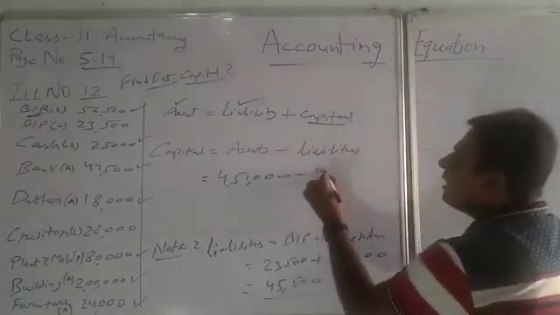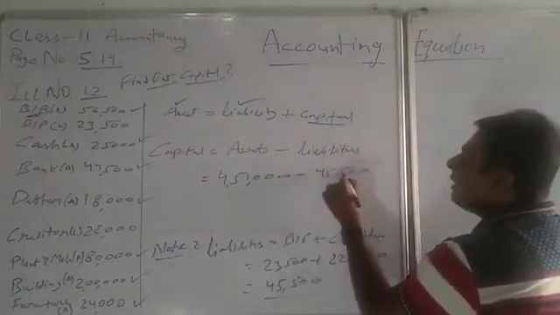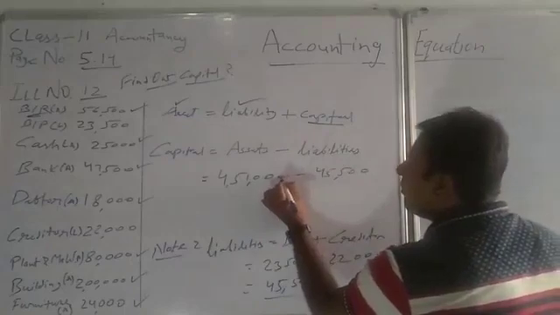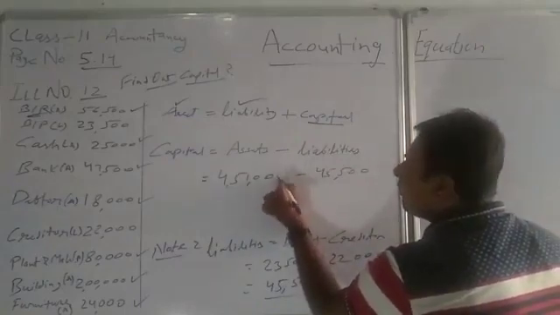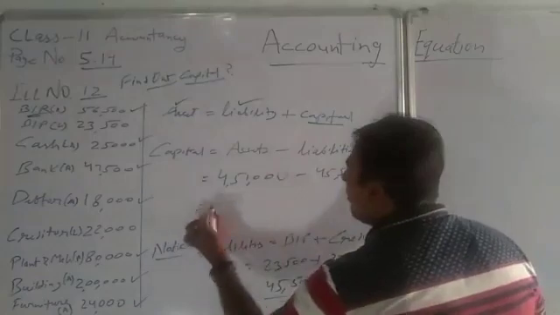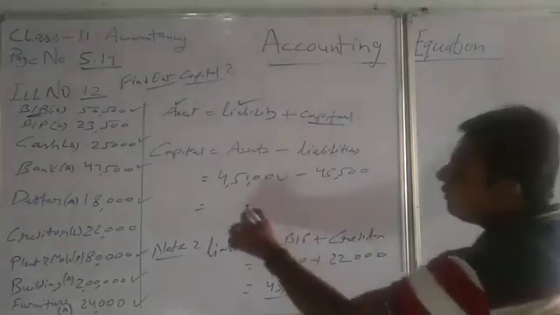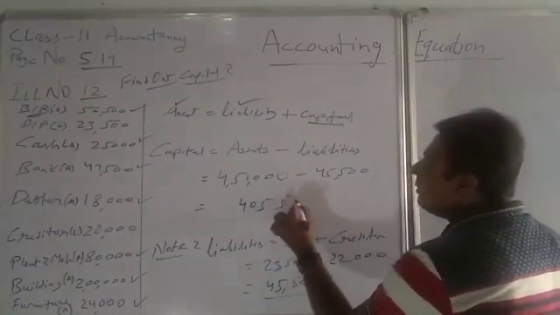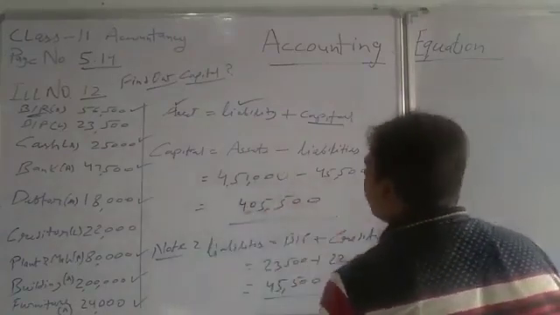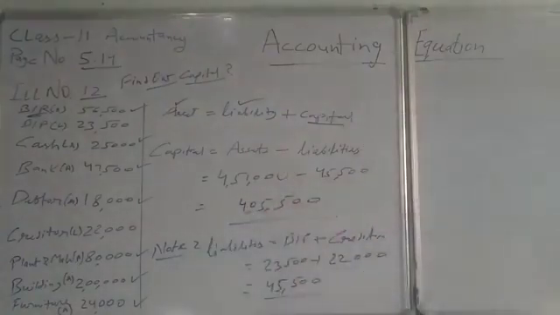I'm writing it here, minus 45,500. From 4,51,000, if 45,500 goes, then how much will be left? 4,05,500. Okay, clear to everyone?